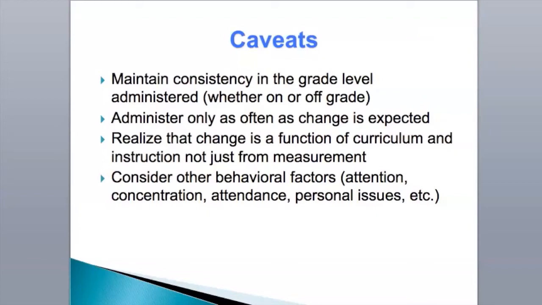So for example, if comprehension is being monitored, it's very unlikely that weekly measurement would be even sensible because comprehension is not likely to change that much. And finally, consider other behavioral factors why students are performing as they are. Consider the attention they're giving in class or on tests, or their concentration, or any attendance to school or class, and finally any personal issues.